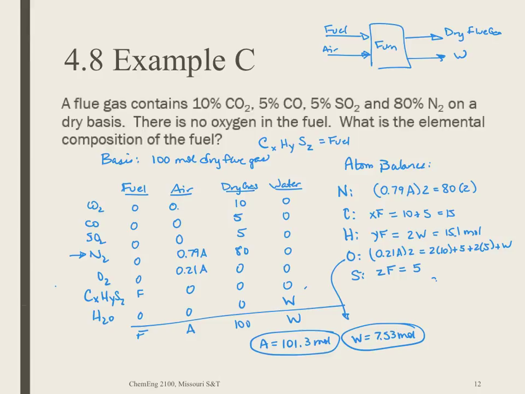That's YF. I can now use the sum of X equation. So 15 plus 15.1 plus 5 is going to equal F. And now I can solve for the X, Y, and Z values.